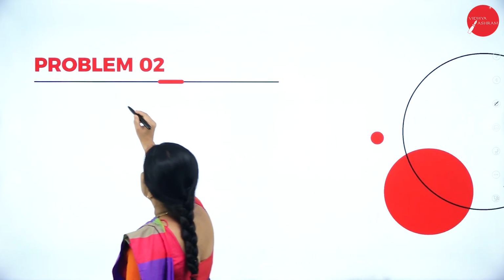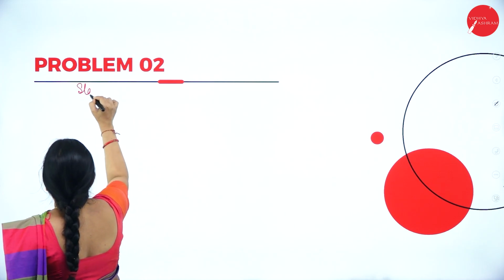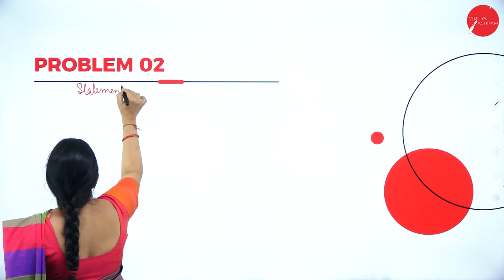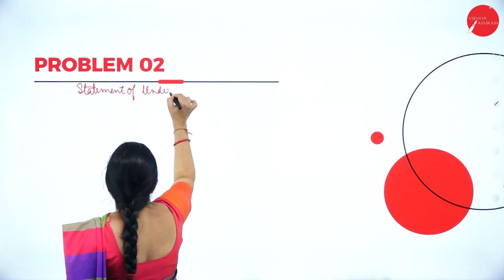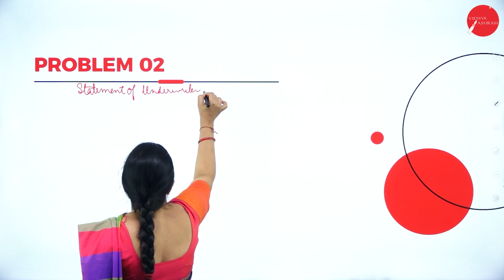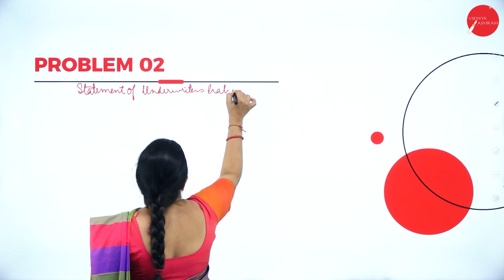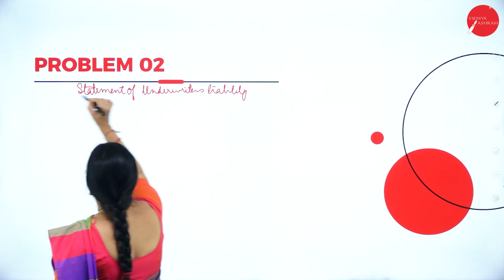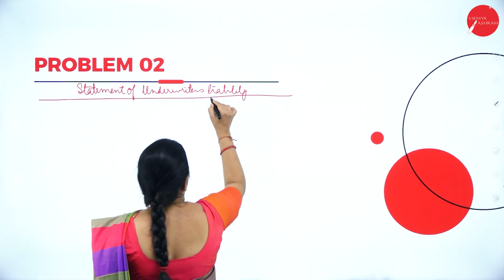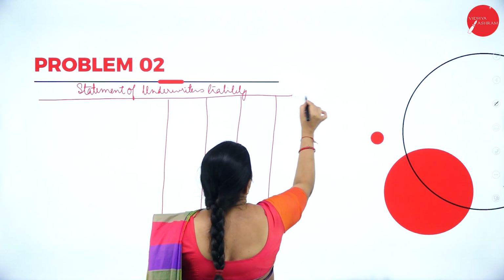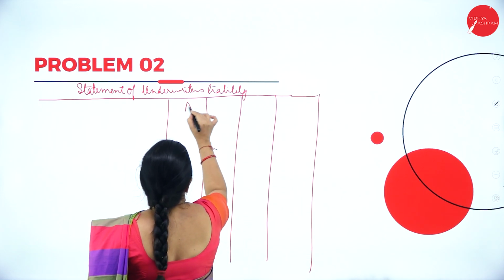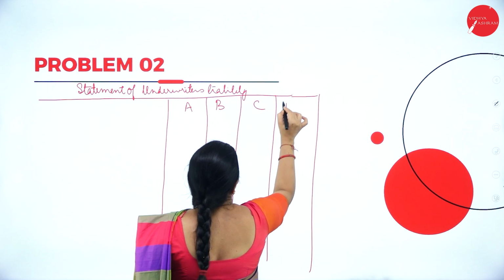So I write statement of underwriter's liability. Then I have A, B, C and the total.